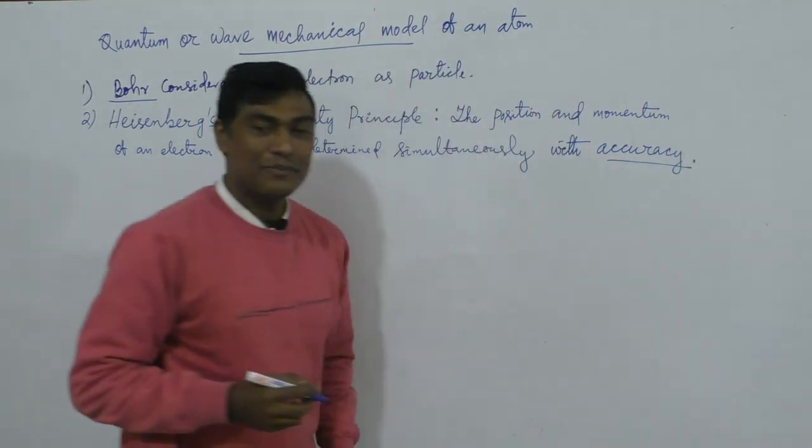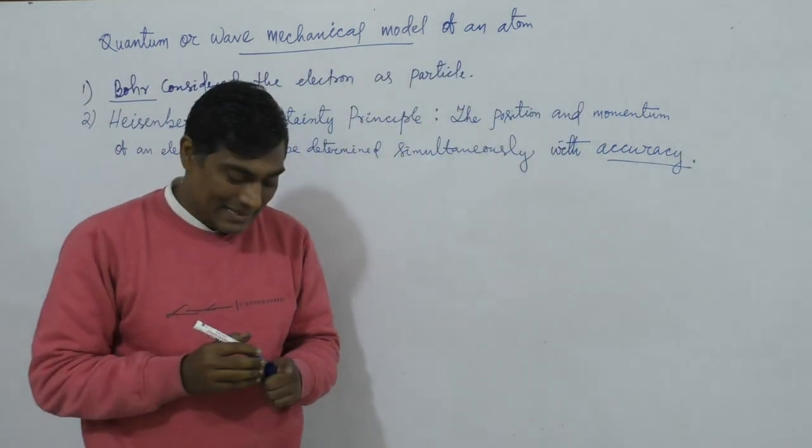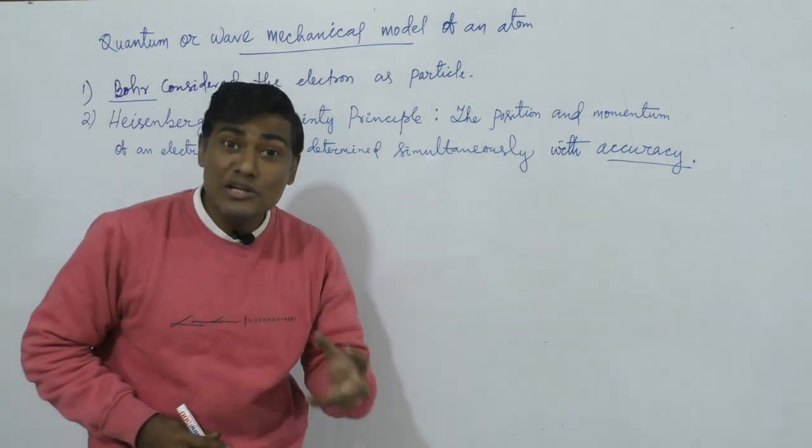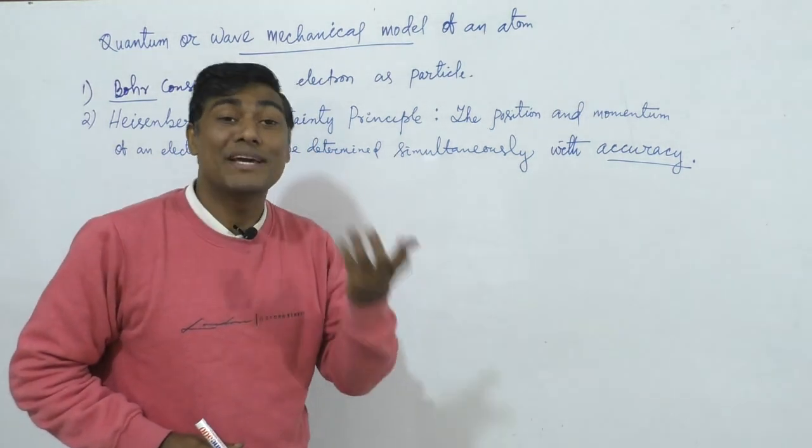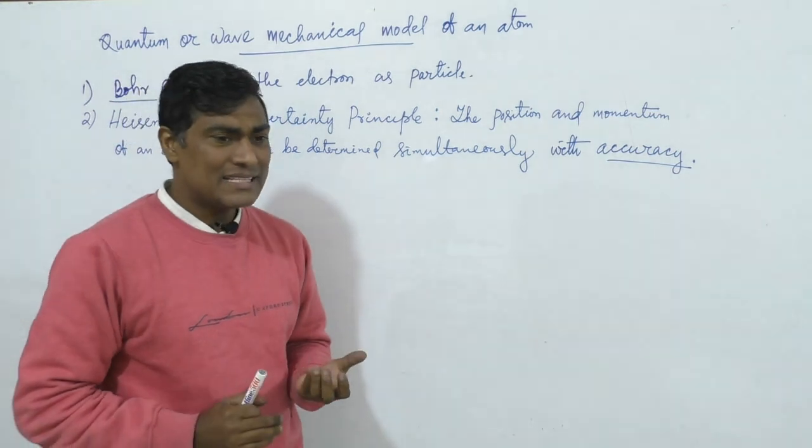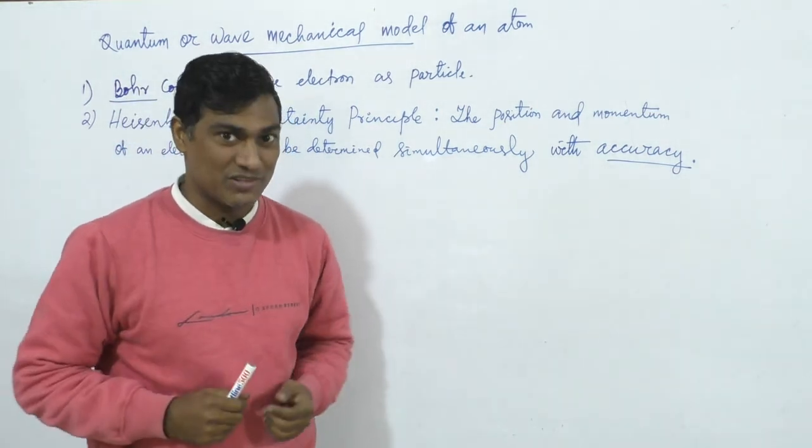This gives an idea that determining the exact position of an electron inside an atom is far too difficult, right?